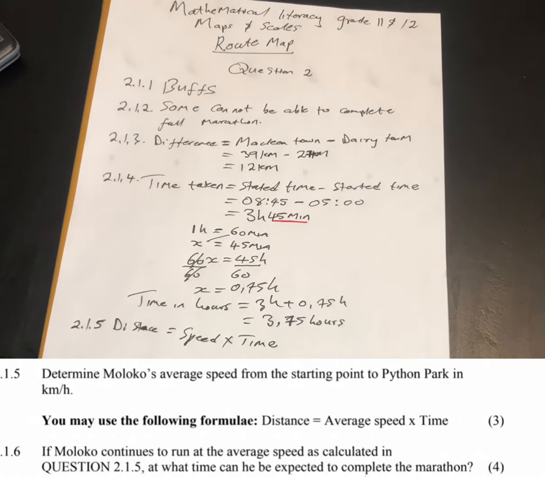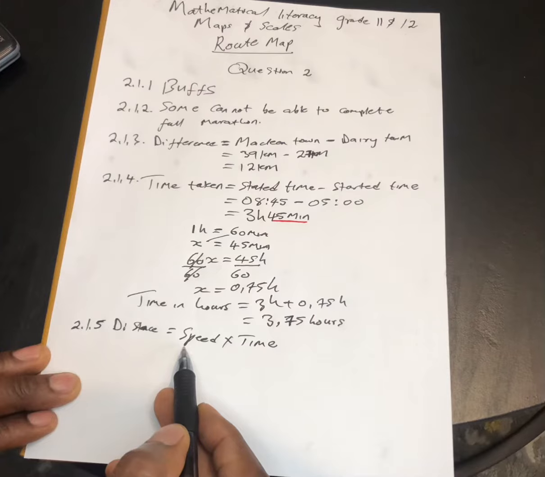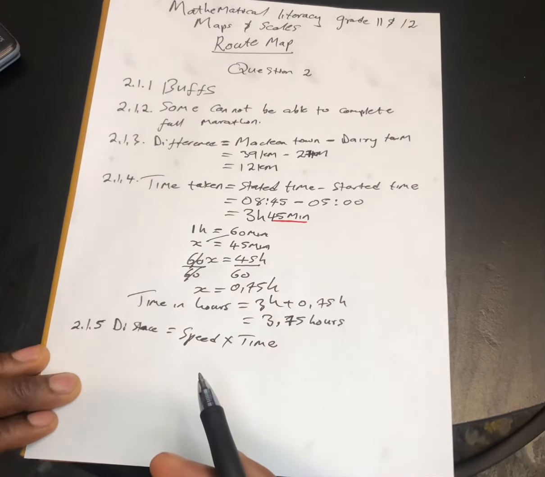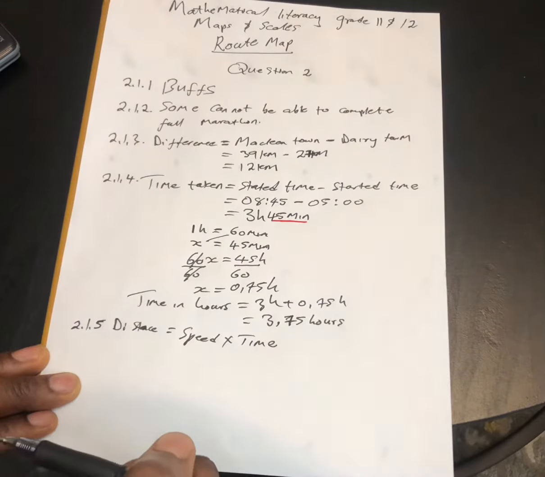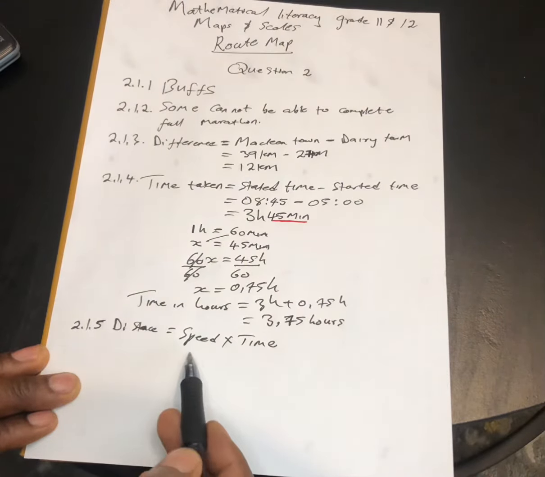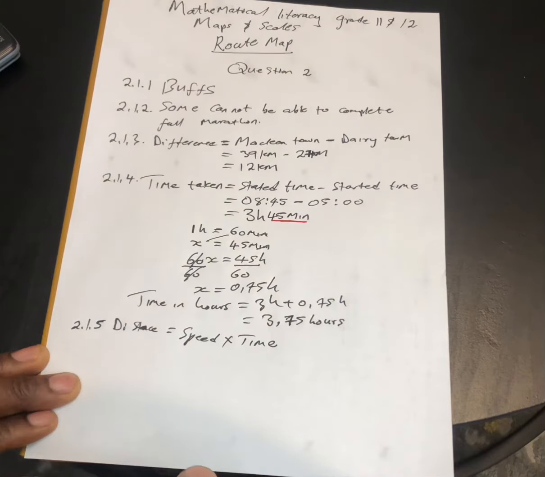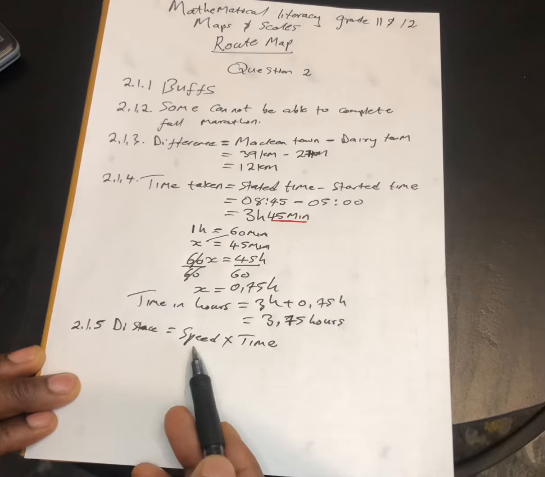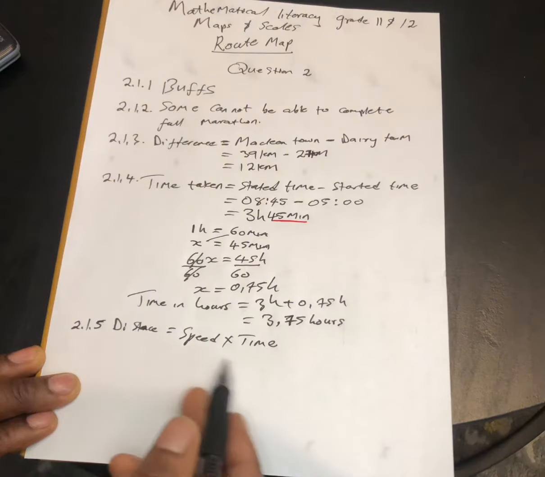So if we check, they want us to calculate the average speed. We must change this equation to have speed as the subject of the formula. If you look at speed and time, they're multiplying each other. To make speed the subject of the formula, you just have to divide everything by time.